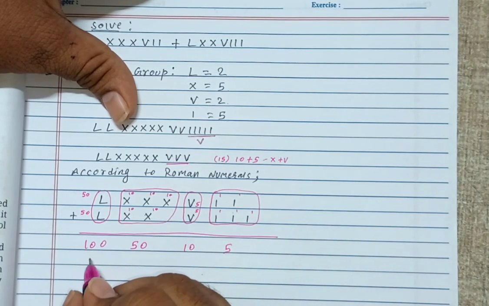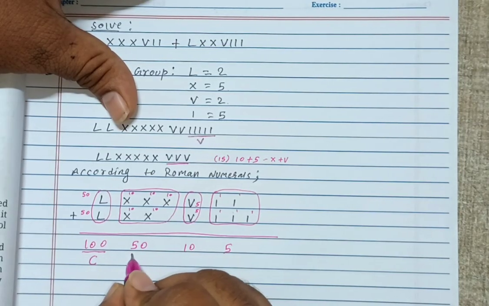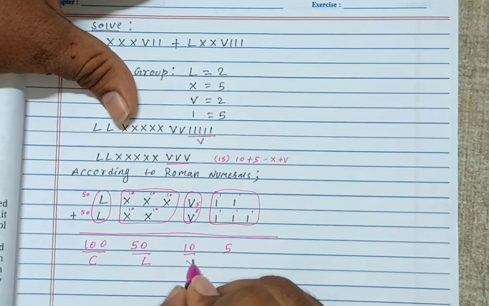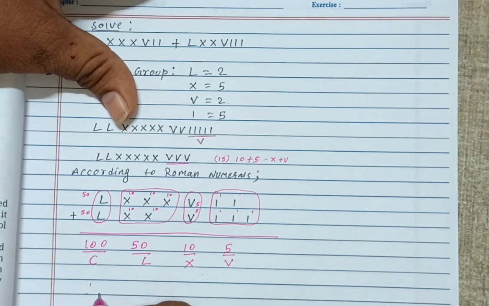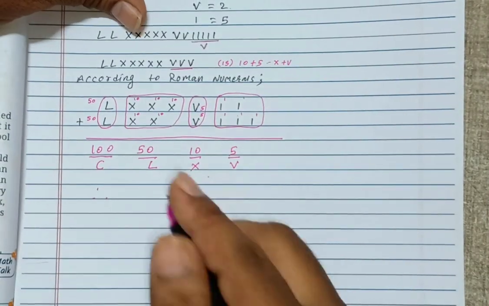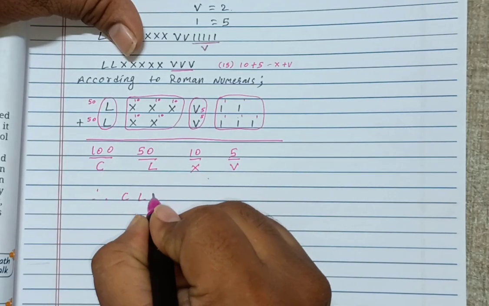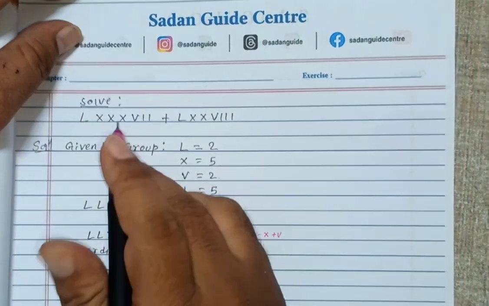So that means 100 can be in a group of C, and 50 can be a group of L, and 10 can be a group of X, and 5 can be a group of V. Therefore, we can say that the Roman numbers represent C, L, X, V for this problem.